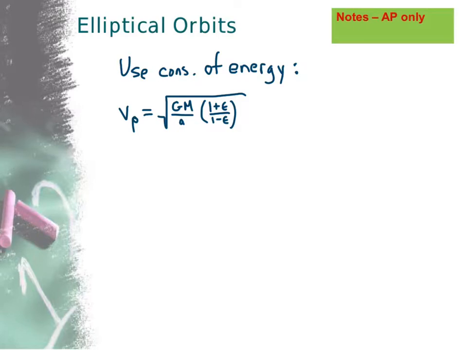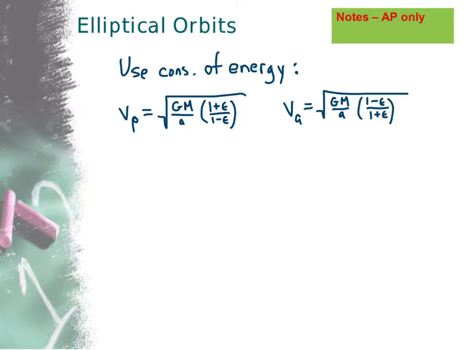The velocity at aphelion looks very similar: the square root of G big M over A, and this will be 1 minus epsilon on top and 1 plus epsilon on the bottom.